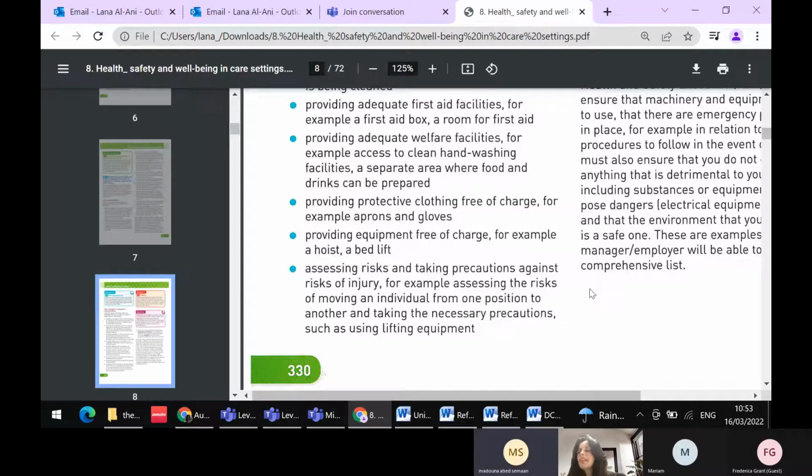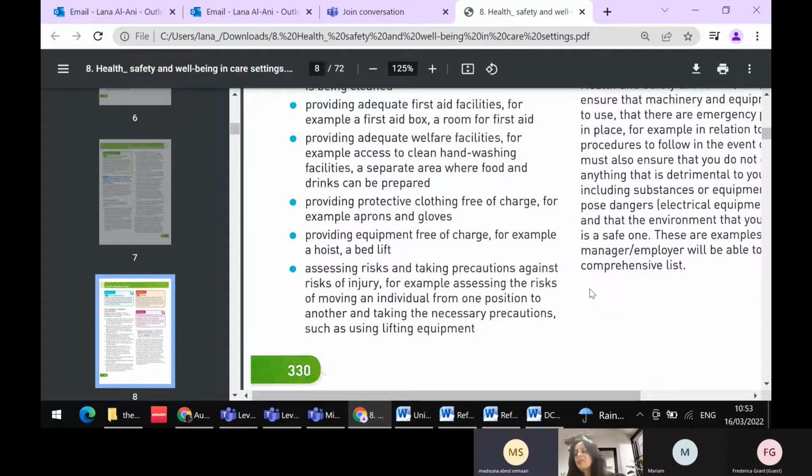Also assessing the risk. If there is any risk of injuries, they need to assess the risk. They need to do proper risk assessment. Follow the procedure, how to deal with that. Yeah. They need proper equipment in the area. So when they do, for example, people lifting, it needs to be proper lifting equipment.